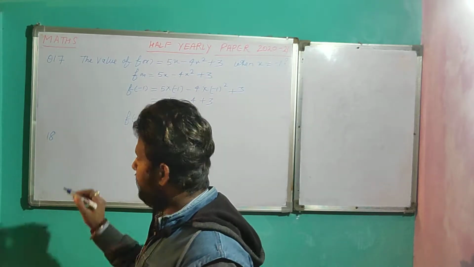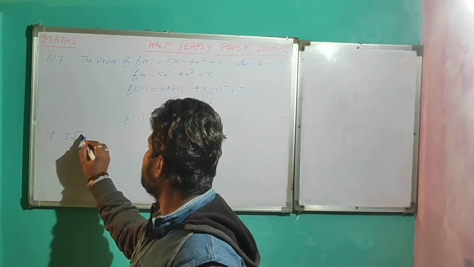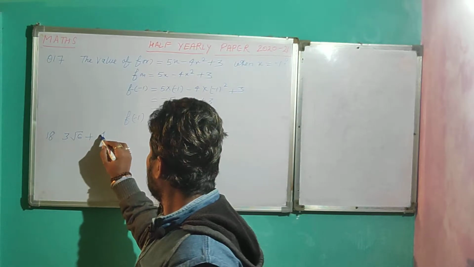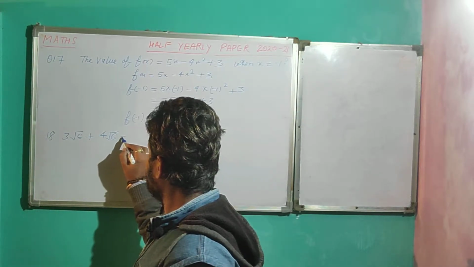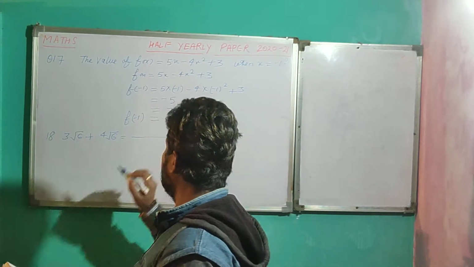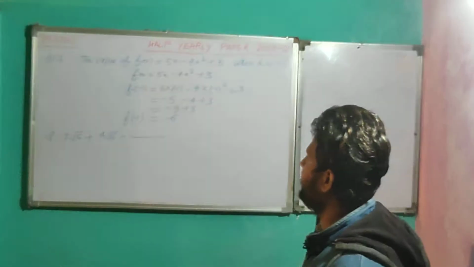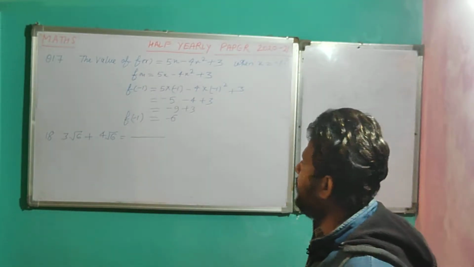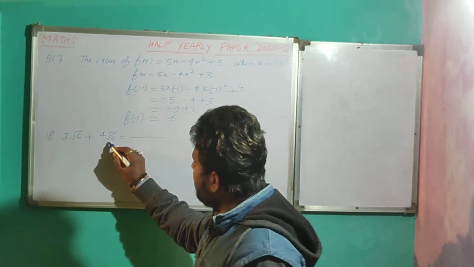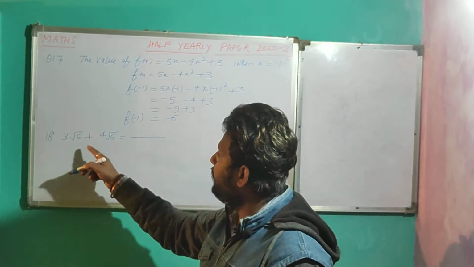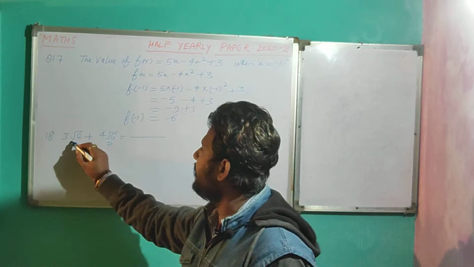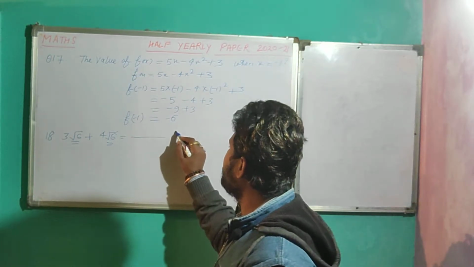Question number 18 is 3 root 6 plus 4 root 6 is equal to what? Okay, 3 root 6 and 4 root 6. You can see over here what is common in both the terms. Root 6 is also here, root 6 is also here. Take root 6 as common.